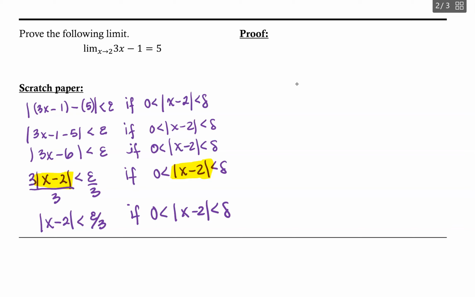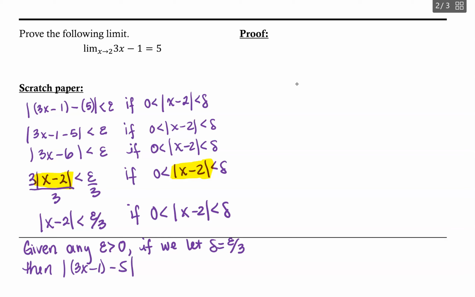What I can say is that given any epsilon greater than 0, if we let delta equal epsilon over 3, then it is guaranteed that the absolute value of 3x minus 1 minus 5 is less than epsilon, provided that we only choose x values that are a distance of delta from 2.